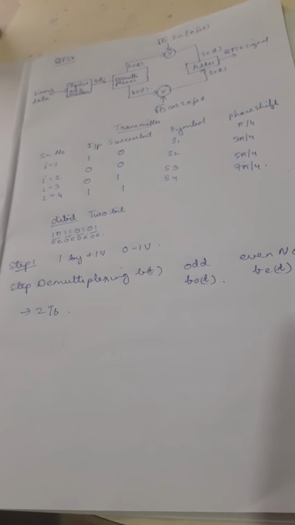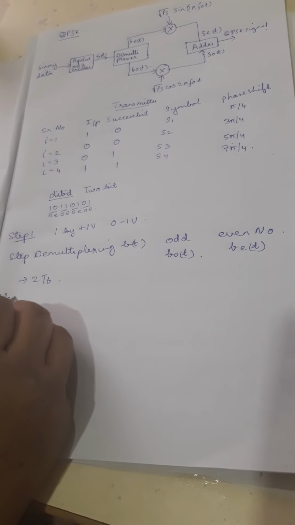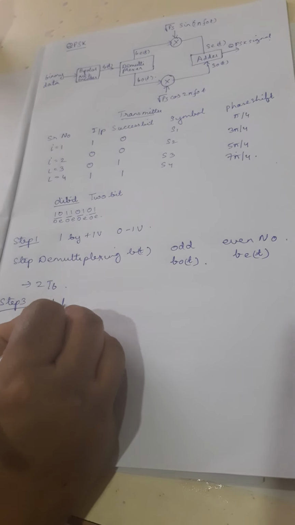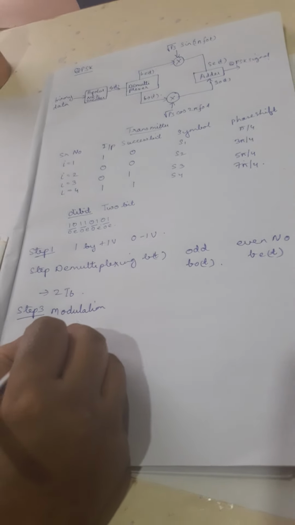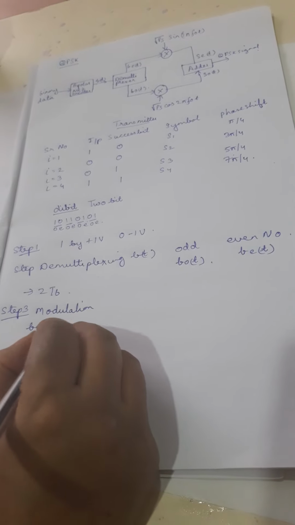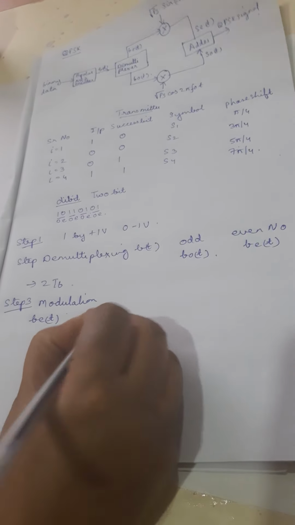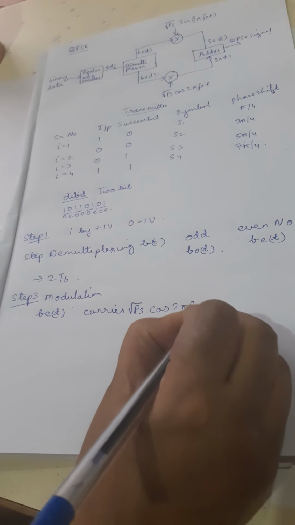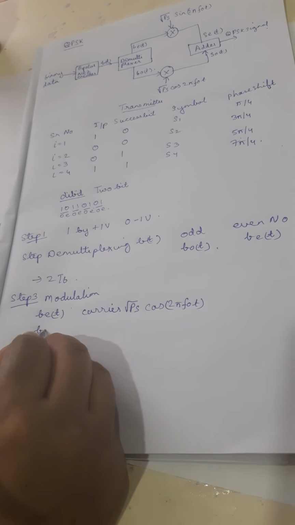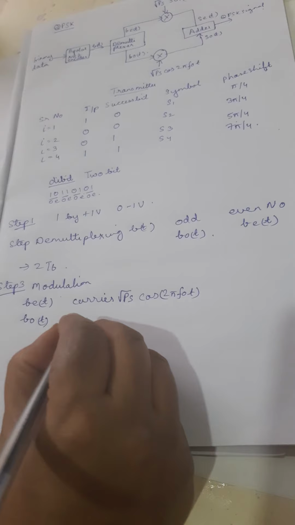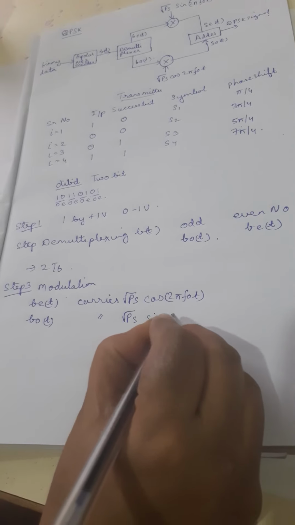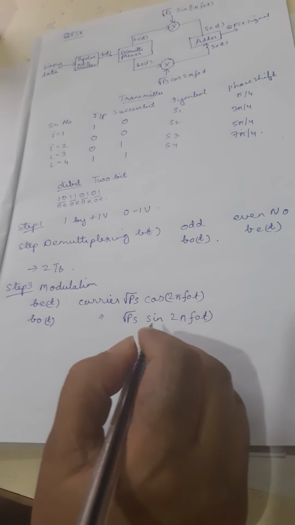Now after that will be step 3, we will be marking it step 3. So this is modulation. Now the even bit stream B of ET will modulate a carrier of root PS cosine of 2 pi f naught t, and the odd bit stream will modulate a carrier of root PS sine of 2 pi f naught t.